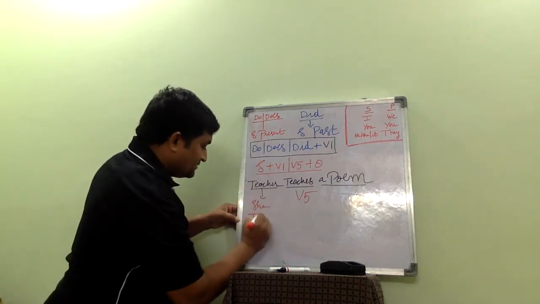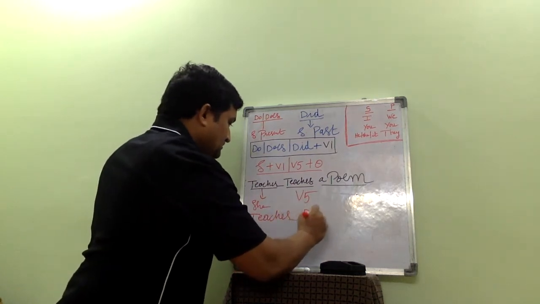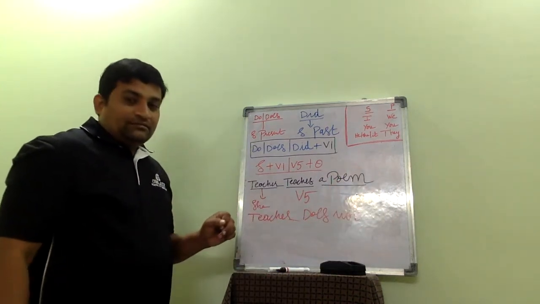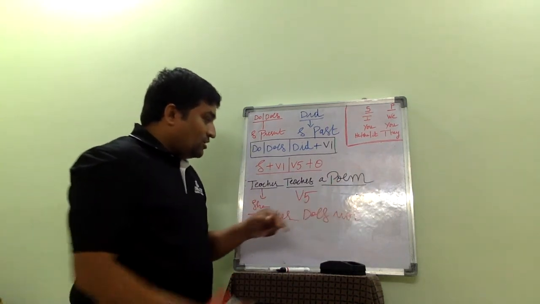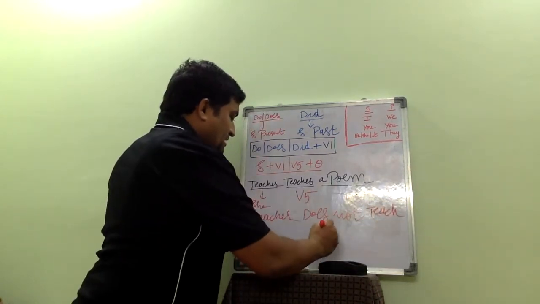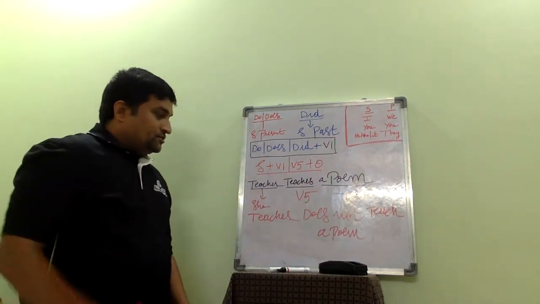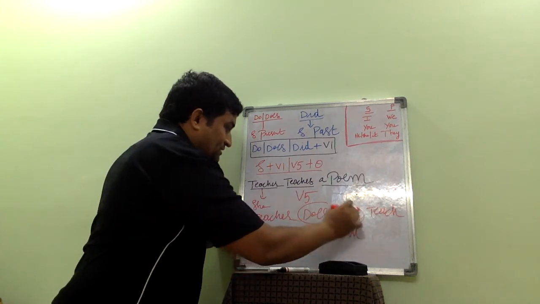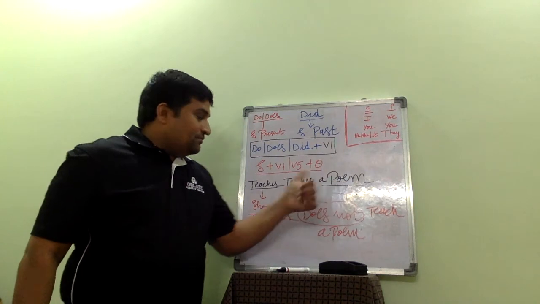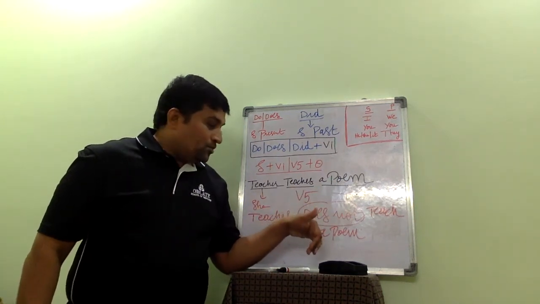So, teacher does not teach a poem. Positive sentence is teacher teaches a poem, but the negative sentence is teacher does not teach a poem.